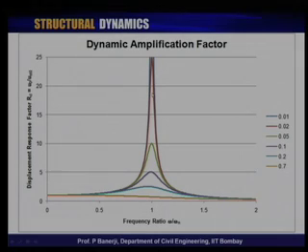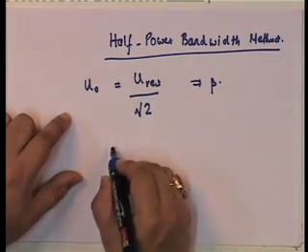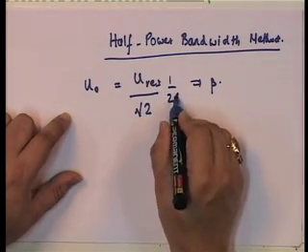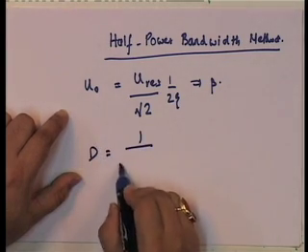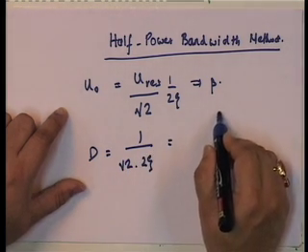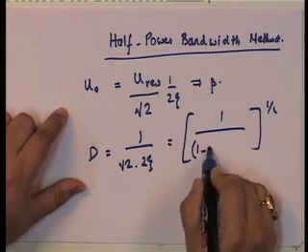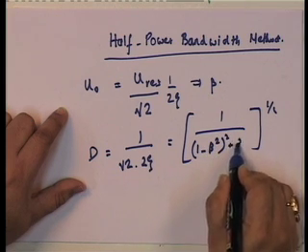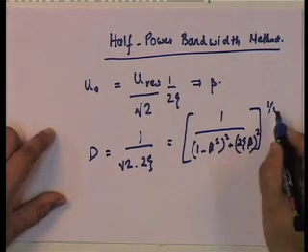And how do we get this value? Very easy, because what we are saying is that U_res is equal to 1 upon 2 xi. So, your dynamic amplification is 1 over root 2 into 2 xi, which is equal to the square root of 1 upon (1 minus beta squared) plus (2 xi beta) the whole squared, and square root.